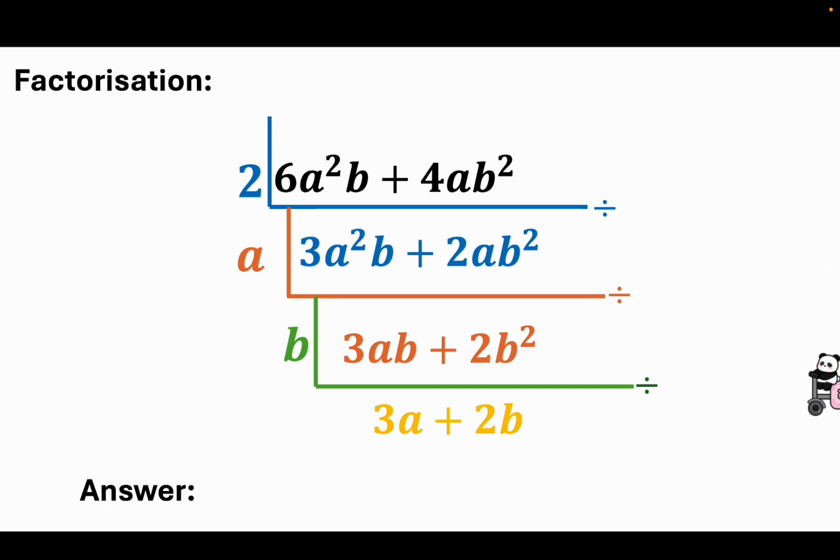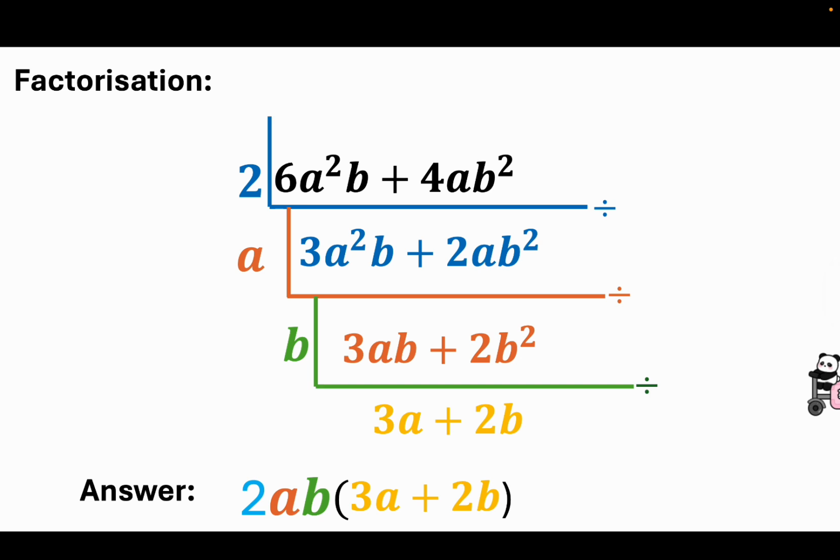How do we write our final answer? We write whatever's left on the bottom in a bracket, and then we combine the things at the front through multiplication. So 2 times a times b, we get 2ab. You write down 2ab at the front. So the final answer is 2ab bracket 3a plus 2b. This is the whole process of factorization. For some expressions, you might only need two steps.